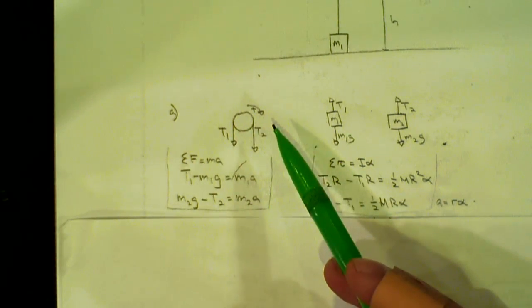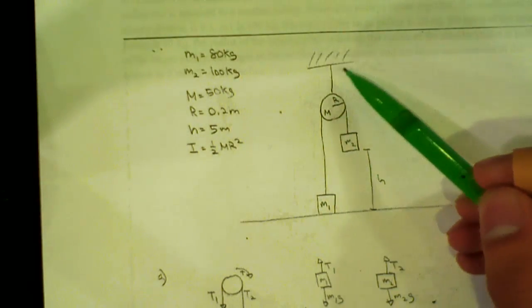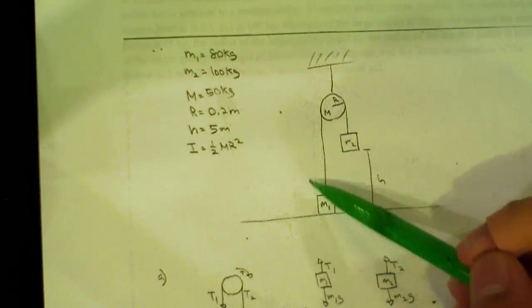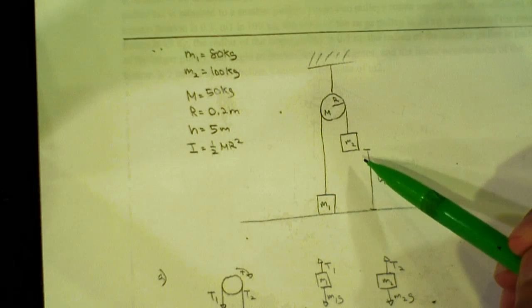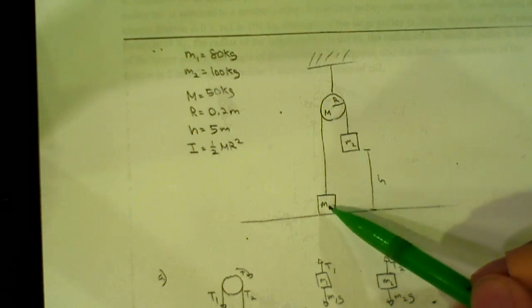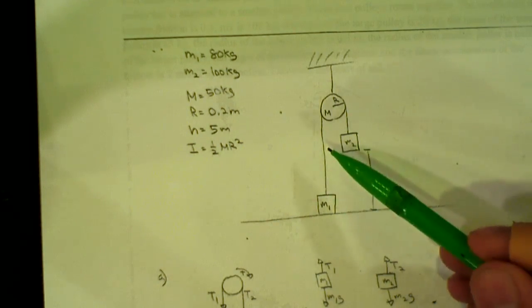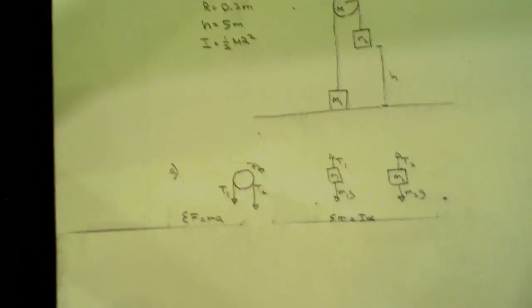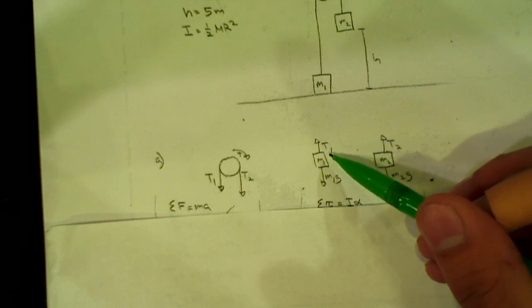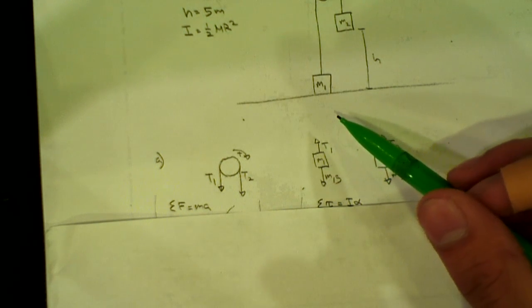So I've said that clockwise is going to be the positive direction. And if we look at the diagram, if it's going to go this way, right, then anything that moves in this direction is going to be the positive direction. So if we look at mass 1, it's going to move up. So anything up is going to be the positive direction for mass 1. So tension is going to be the force that's acting up, so that's going to be positive.